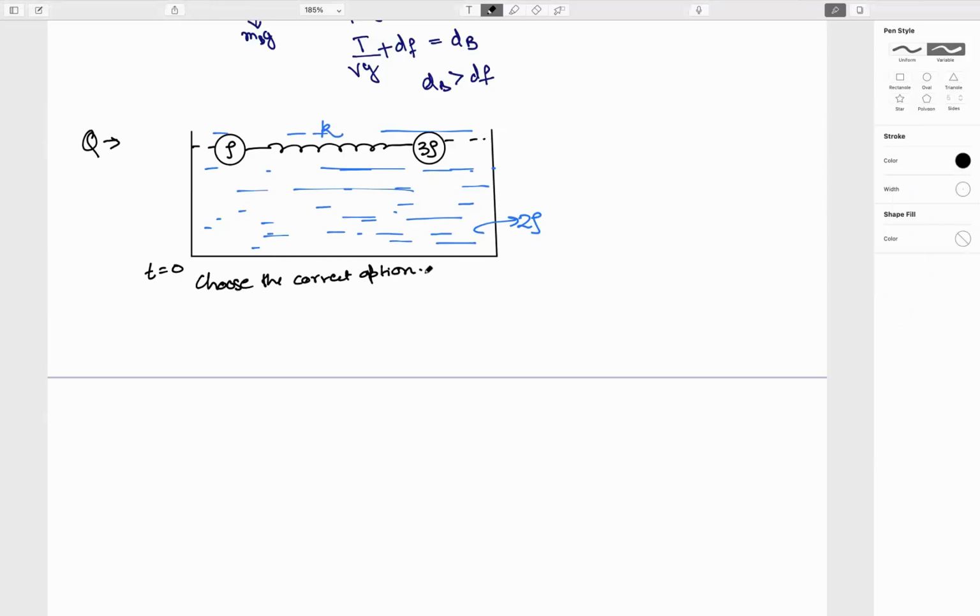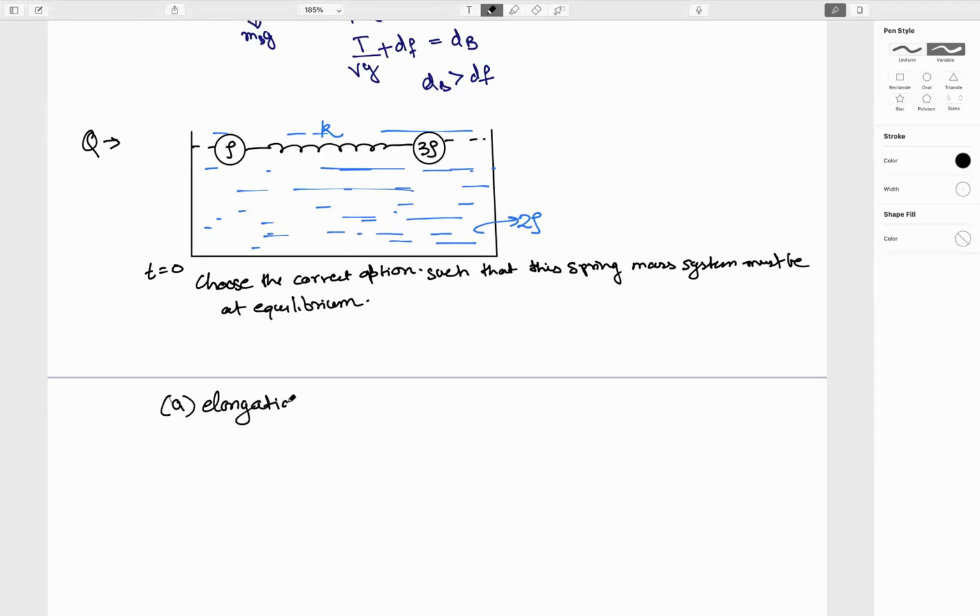Such that this spring mass system must be at equilibrium.